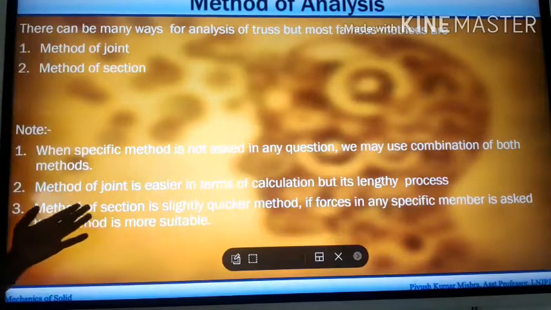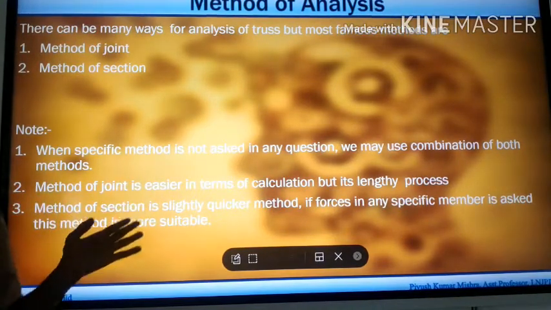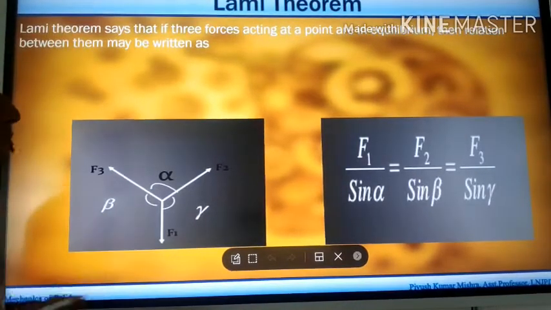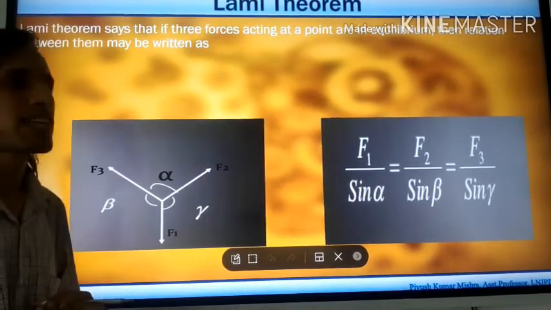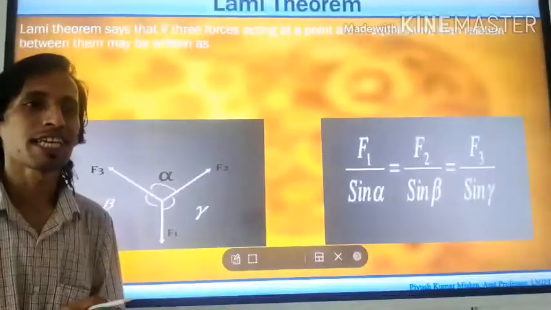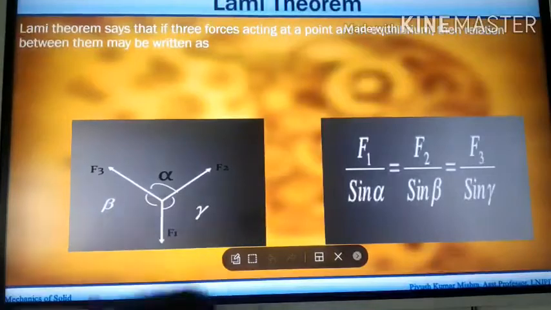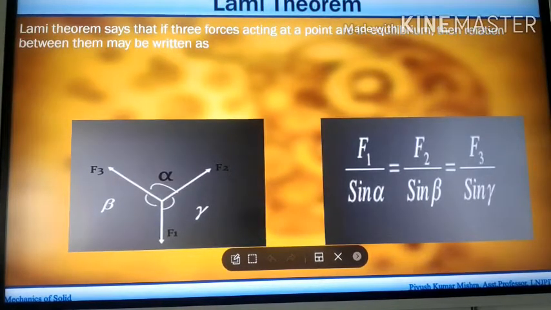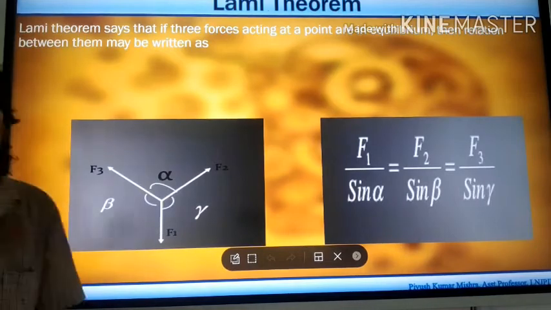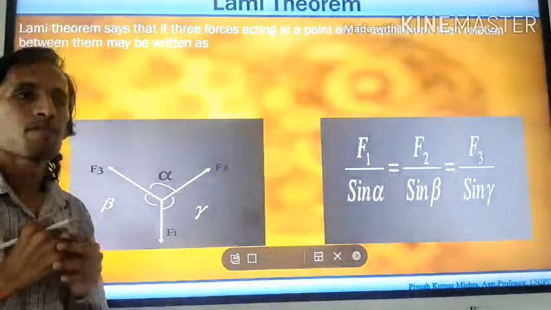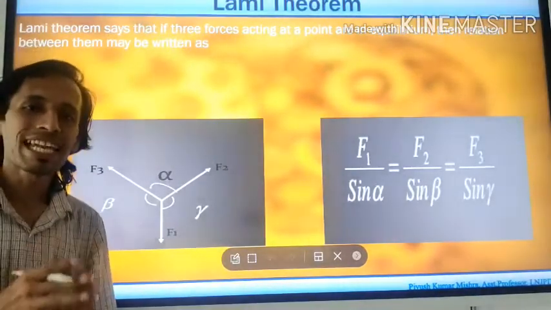So the three points I have already covered. Let's move ahead. Another important tool is Lami's theorem.